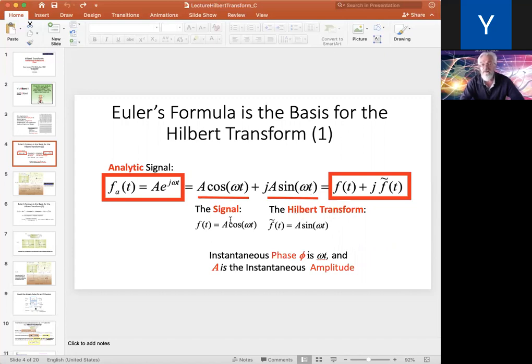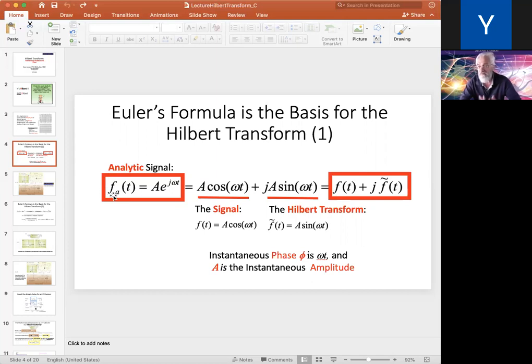Now if you take the Hilbert transform and multiply it by the imaginary number j, then you get f(t) plus j times the Hilbert transform, which is indicated as f(t) with a little tilde above it. Then we get a complex signal, and that complex signal is called the analytic signal.